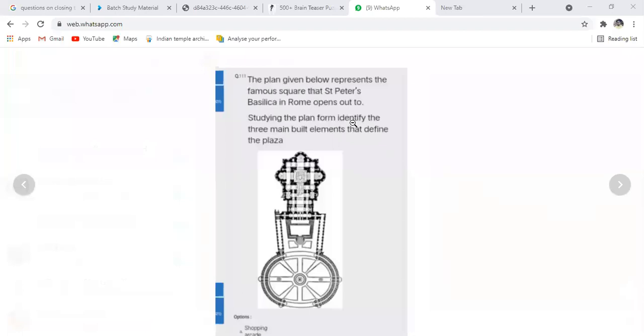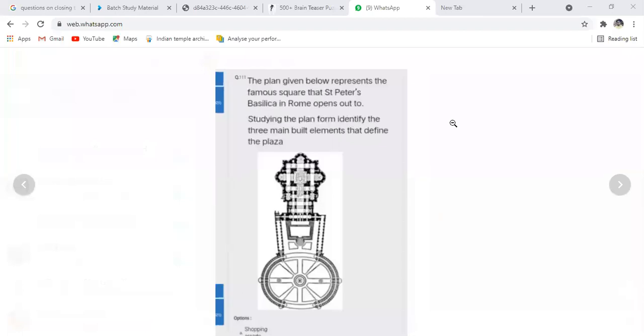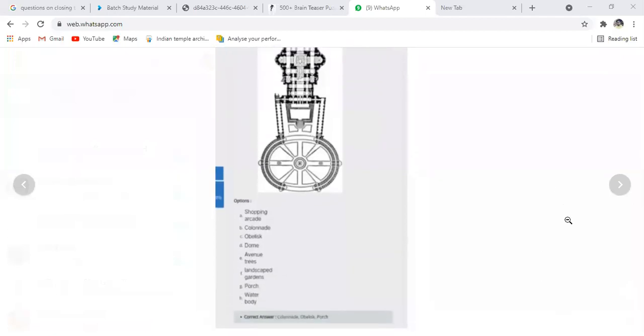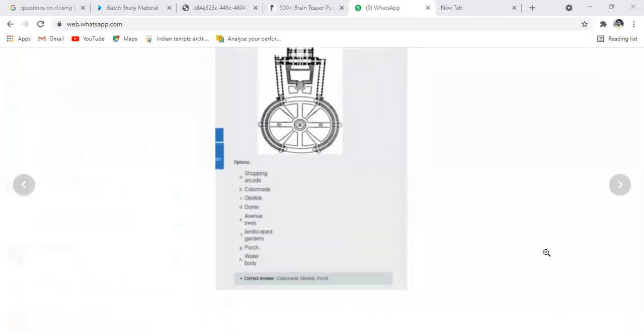This plan represents the famous square at St. Peter's Basilica in Rome. Studying the plan form, identify the three main built elements that define the plaza. Okay, so you are asked here: shopping arcade, colonnade, obelisk, dome, avenue, trees, landscape, gardens, water body, porch.